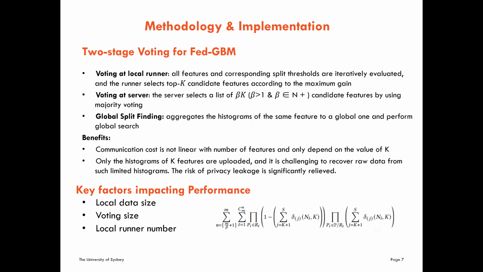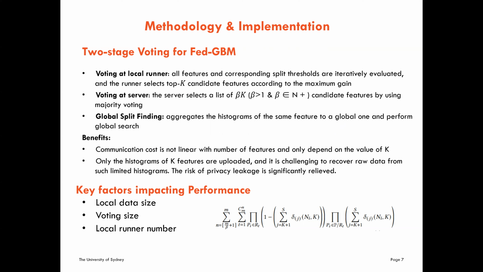Now let me show you the details about the two-stage voting scheme for the GBM. The two-stage voting is developed for reducing the communication cost when we want to find the best split point. There are three steps in such a scheme. First, voting at the local runners.